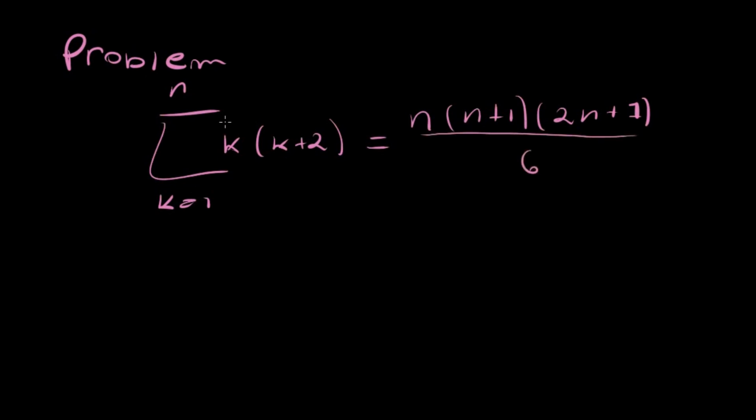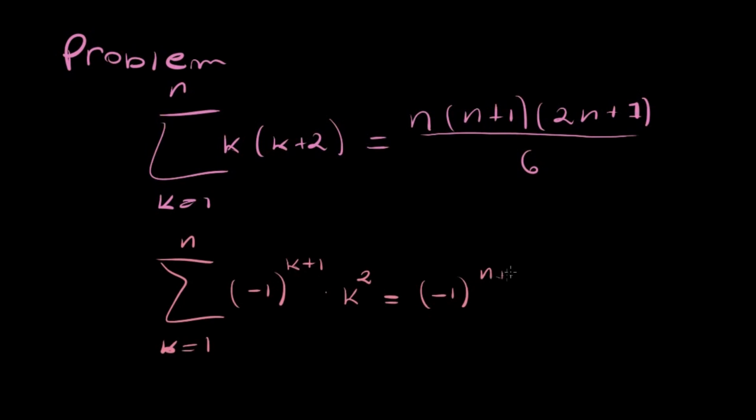Again, you have a sum, so I suggest you try and use the same tricks we used in the exercises. Another one that might be a bit more tricky is the sum from k equals 1 to n of minus 1 to the power k plus 1 times k squared equals minus 1 to the power n plus 1 times n times n plus 1 divided by 2.